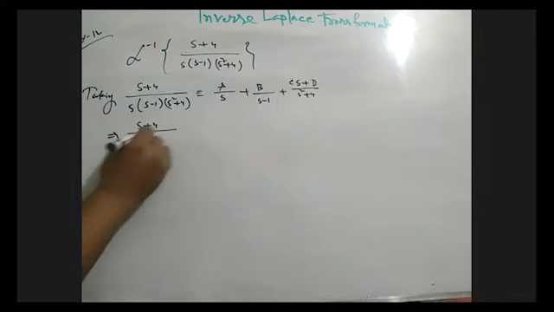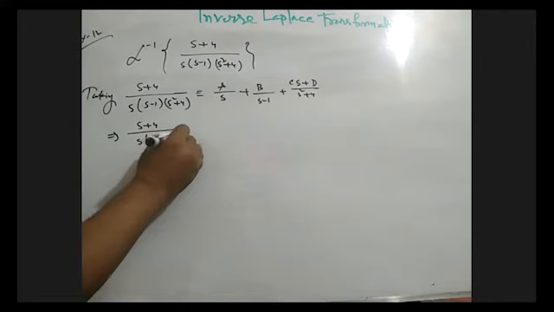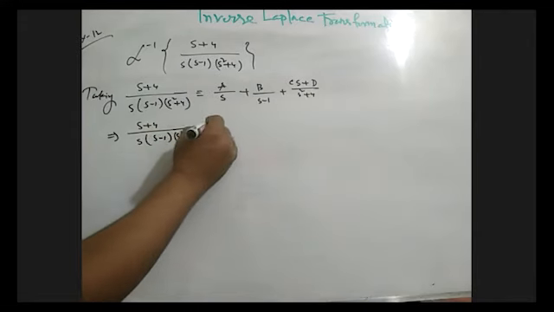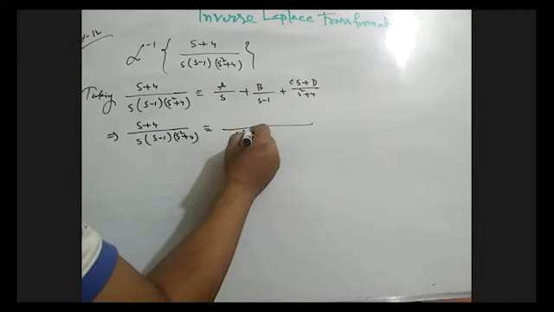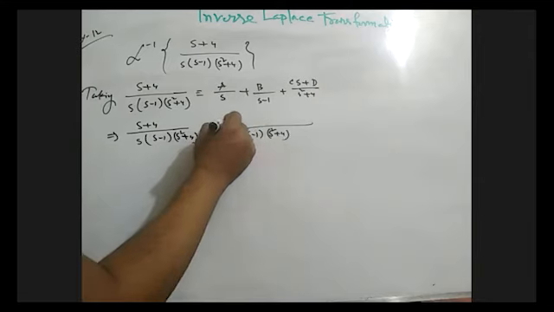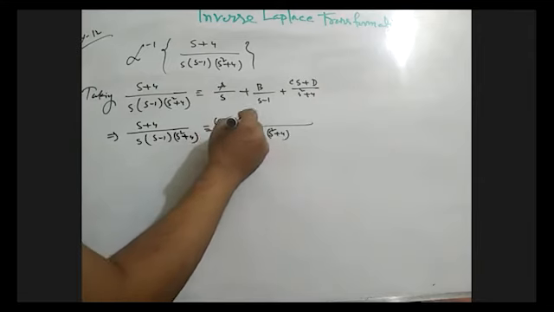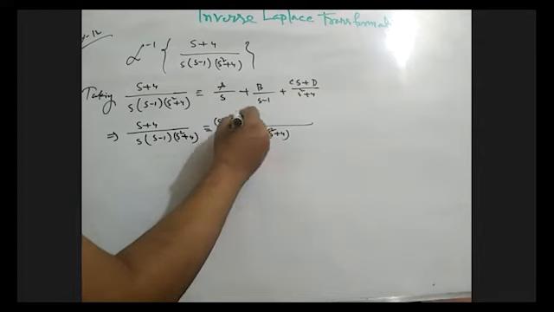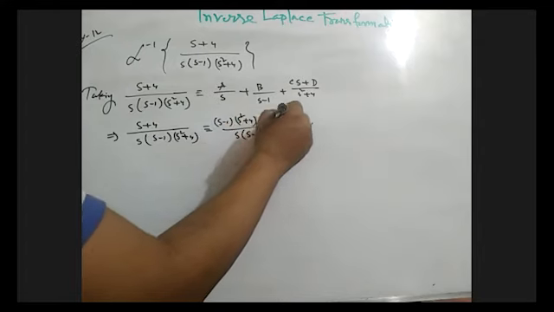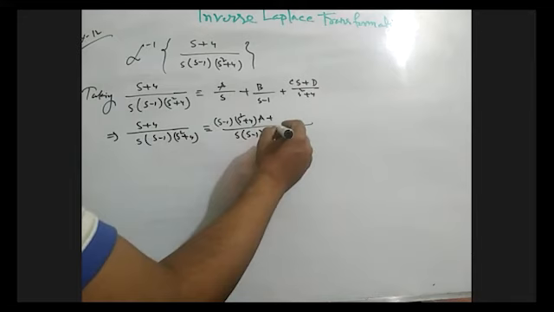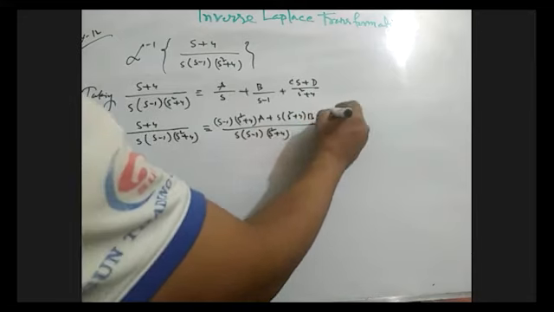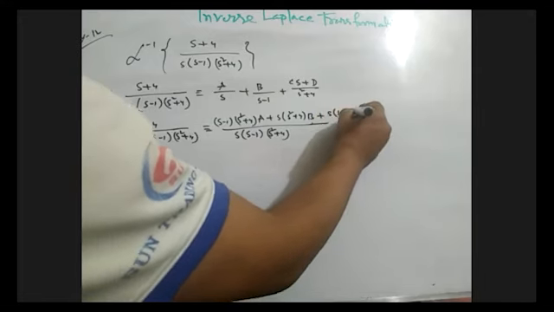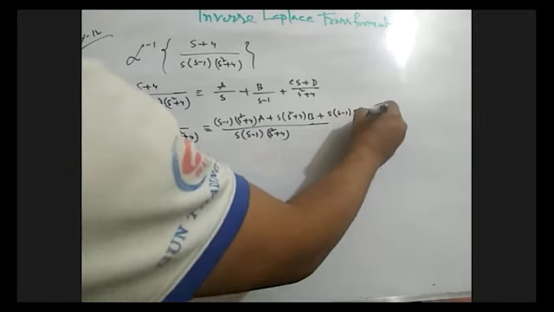Or we can write s plus 4 divided by s into s minus 1 into s square plus 4. This can be taken as LCM. So s minus 1 into s square plus 4 into a, plus s into s square plus 4 into b, plus s into s minus 1 into cs plus d.